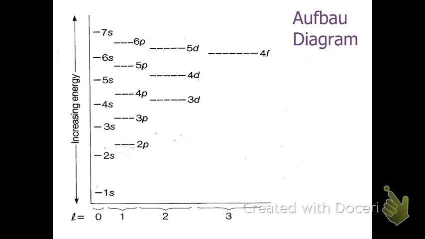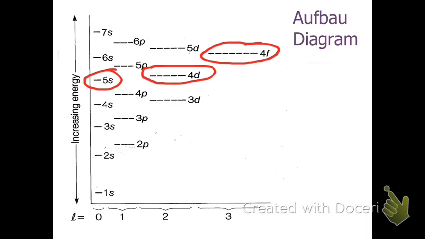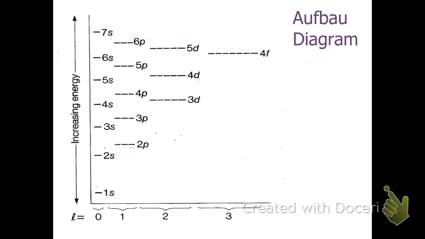Again, we see more instances of that. We see a 4d here that's higher than a 5s, and we even see an f sublevel that's quite a bit higher than the 5s, 5p, or the 6s. For instance, if we erase these, we see the 4f is higher than the 5s, 5p, or the 6s.